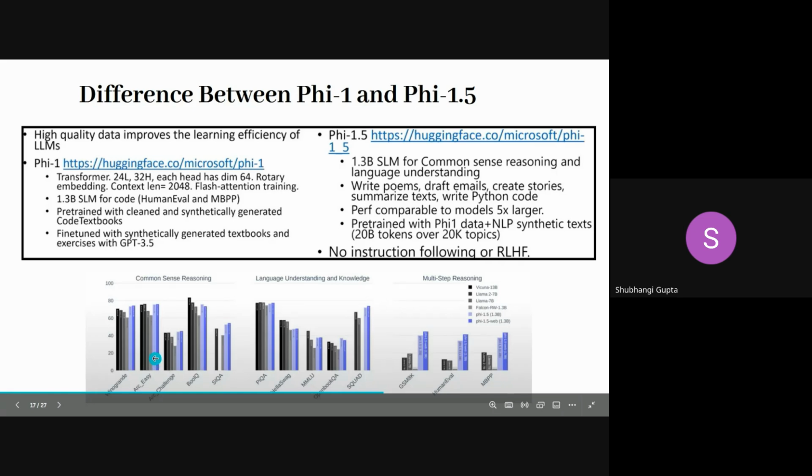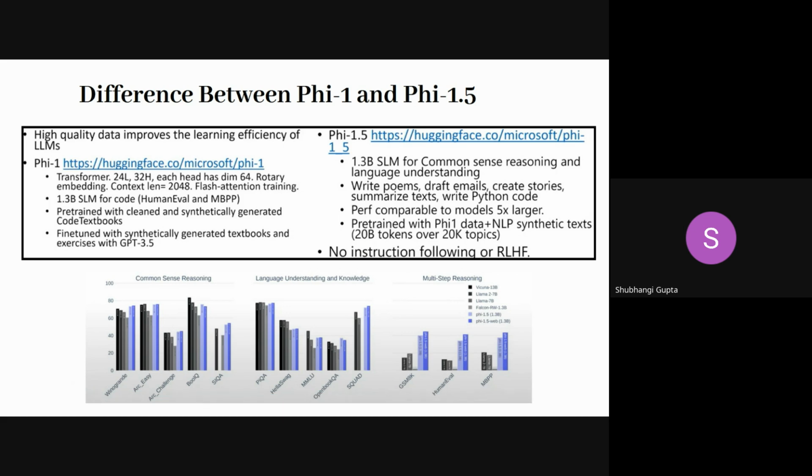Here we will discuss the difference between the Phi-1 and Phi-1.5 models. Both of them were similar in architecture, but the Phi-1.5 model expanded the scope from coding to common sense reasoning and language understanding.